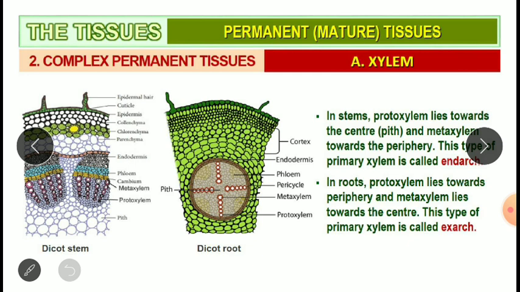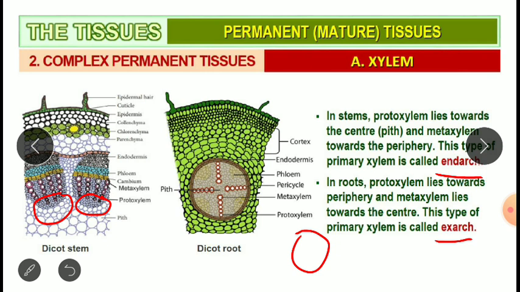Now, based upon where this protoxylem and metaxylem are present, there are two types of xylem arrangements: endarch and exarch. In the stem, the protoxylem, that is the smaller elements, is going to be towards the center. Suppose I take a stem, cut a circular section of it and observe it under the microscope, then I will be able to observe that the smaller elements are at the center.